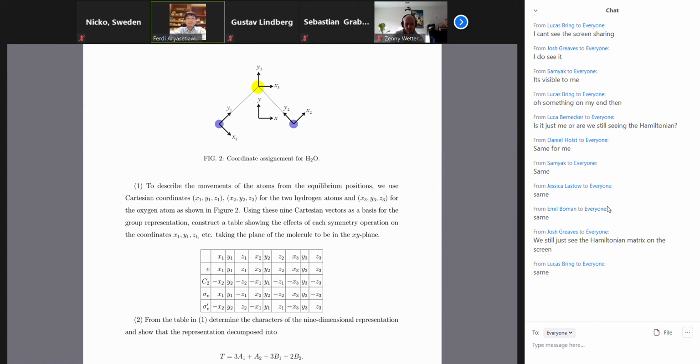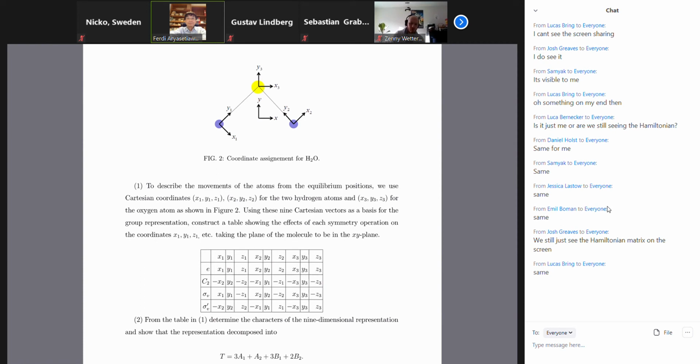It's the positions of the atoms, how they change when they move away from the equilibrium position. Then we just apply the symmetry operation on each of these coordinate systems.